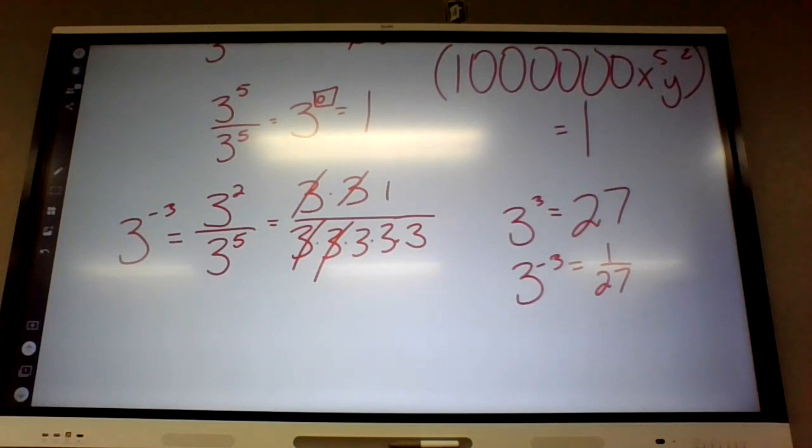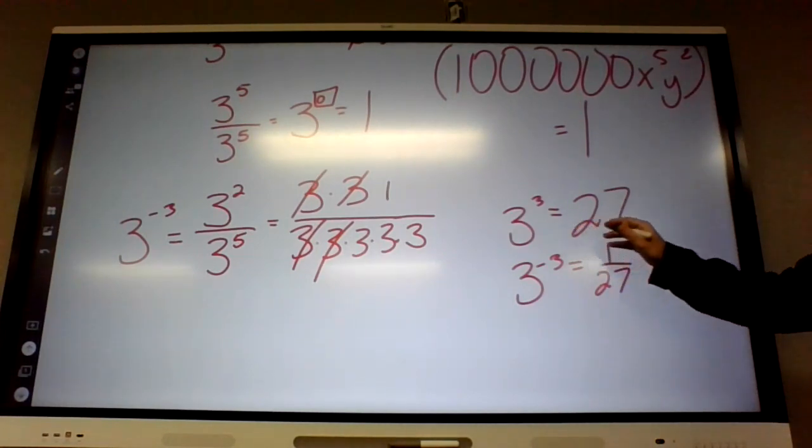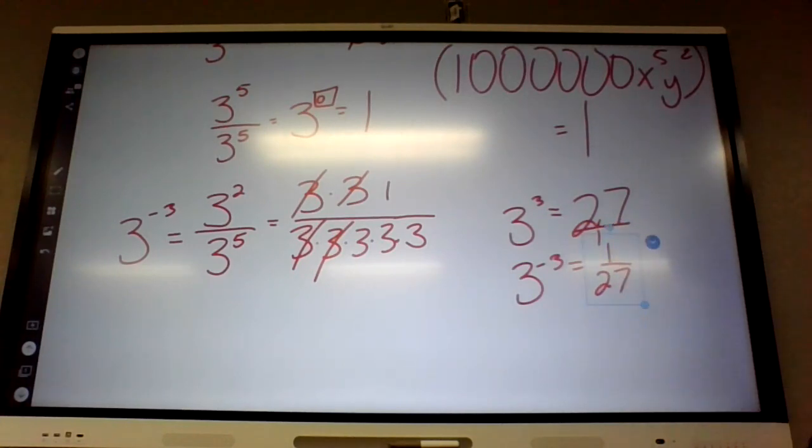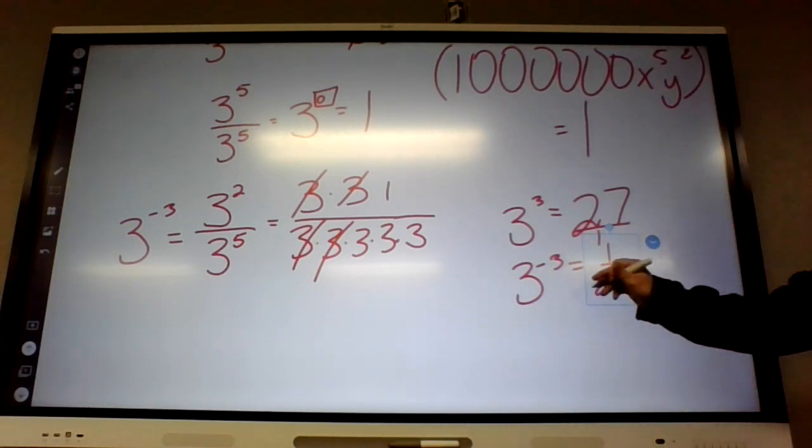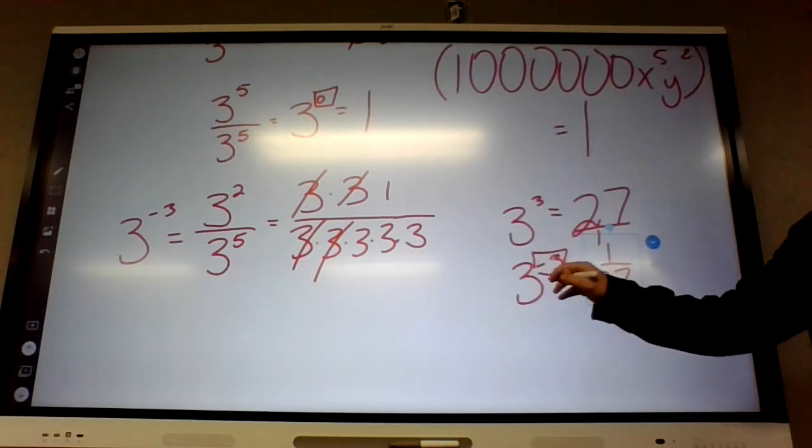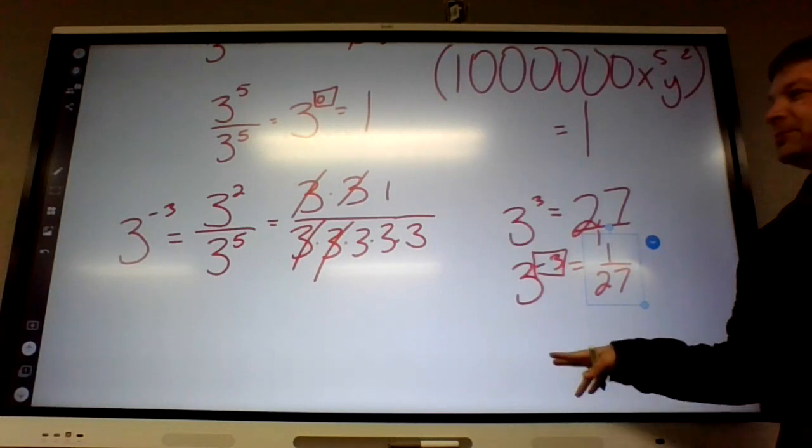So a negative exponent is like flip. This is like 27 over 1, and this is like 1 over 27. Okay, you've got to put that in your brain. Even my juniors forget that, and that drives me nuts.